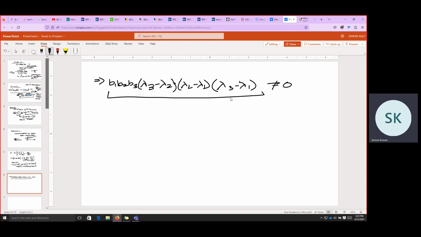So for this not to be equal to 0, what should be satisfied? This is multiplication, so all of these terms should not go to 0.